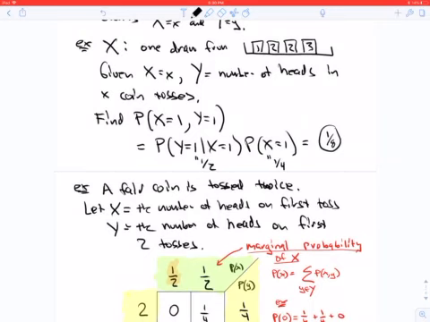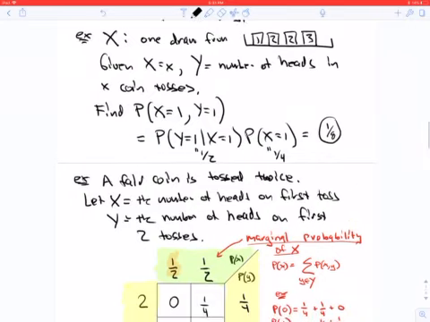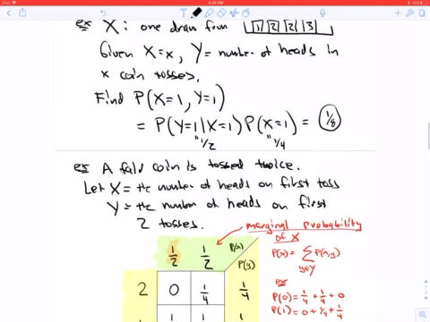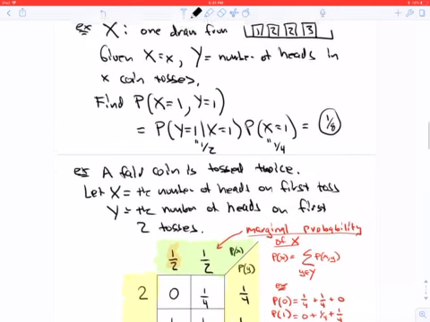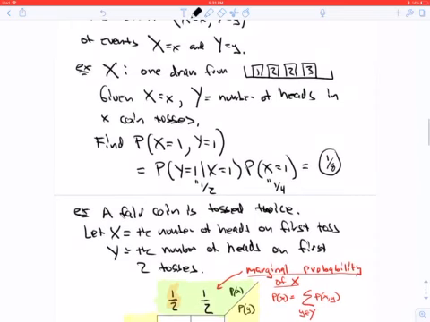And the multiplication rule says that it's the conditional probability followed by the unconditional probability. And so we can find each of these and find that the probability of drawing 1 and getting 1 head is 1/8.